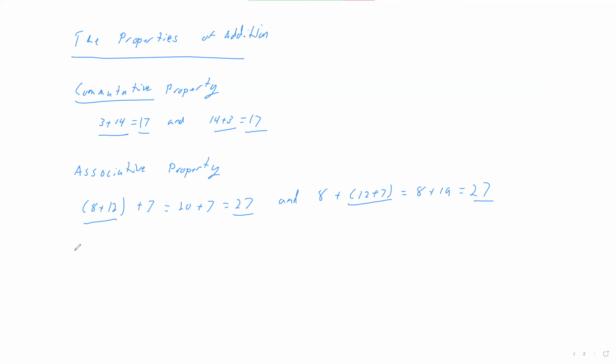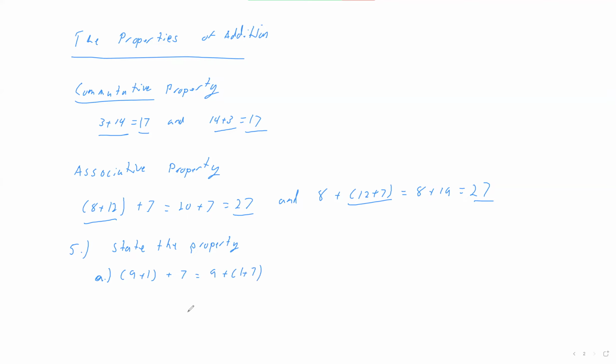So what you're going to be asked to do is they're going to give you something like this and ask you to state the property. They'll have 9 plus 1 in parentheses plus 7 equals 9 plus 1 plus 7.